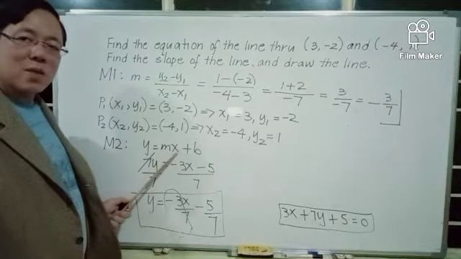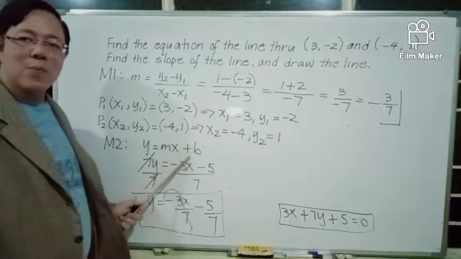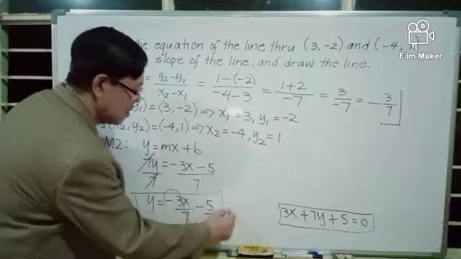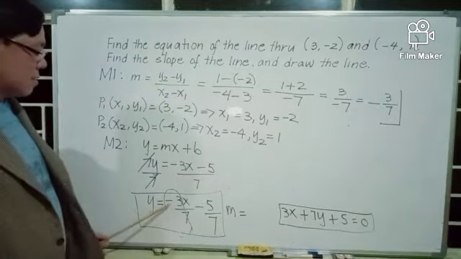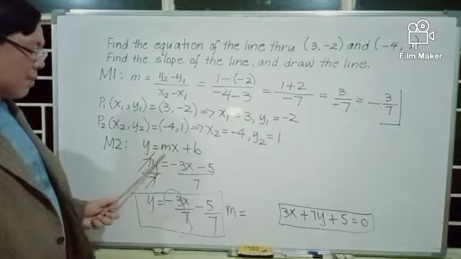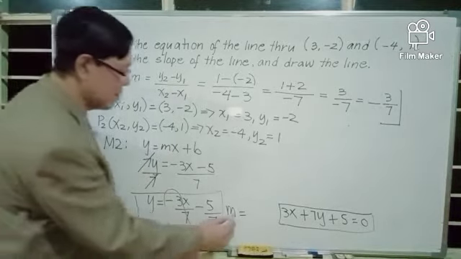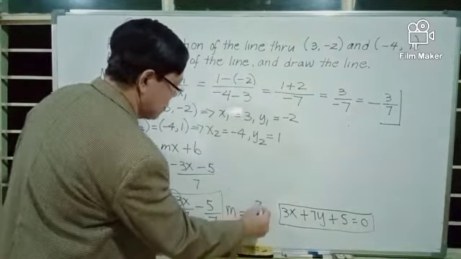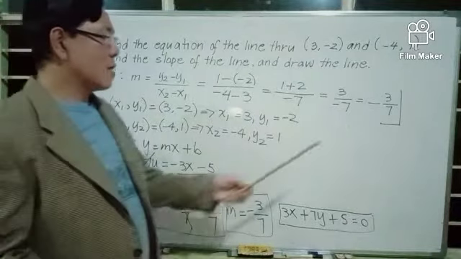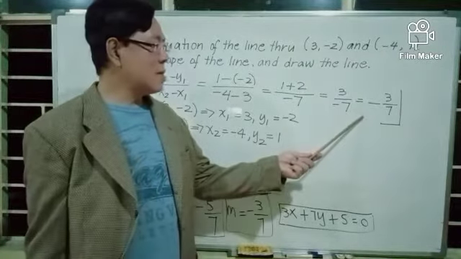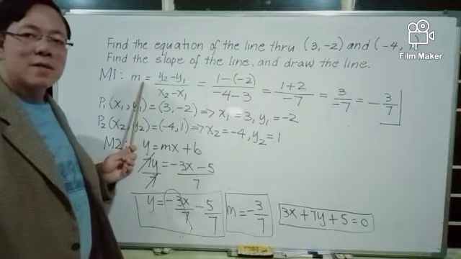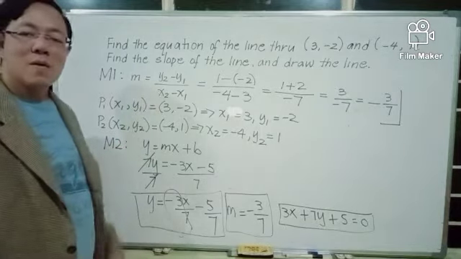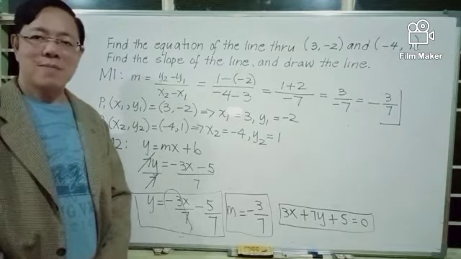And comparing that with this slope-intercept form, it means that the slope of the line is the coefficient of x, m equals negative 3 over 7. Which is the same result we obtained in method 1 using the formula for obtaining the slope of a line.